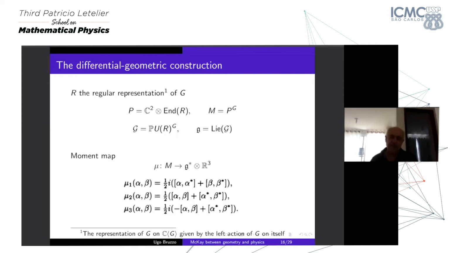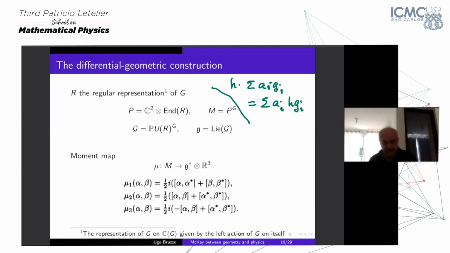And this, of course, carries an action of the group just by multiplying. Now, if you have an element which is a sum a_i g_i, and you have an element h, you simply consider this, and this gives an action of the group over its group algebra. This is called the regular representation.